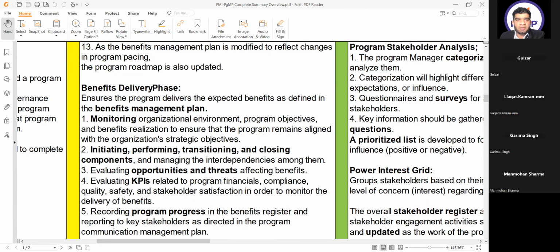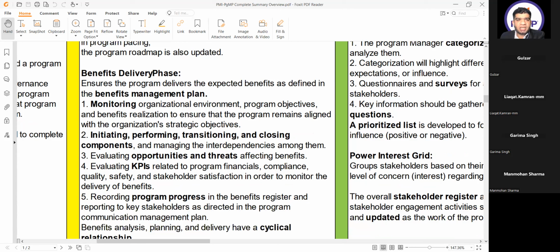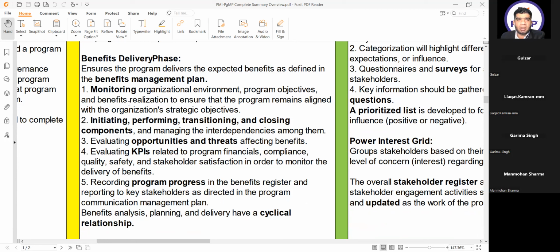Okay. Benefit delivery phase ensures the program delivers the expected benefits as defined in the benefits management plan. So first the benefit management plan is there, then you go to the benefit delivery phase.